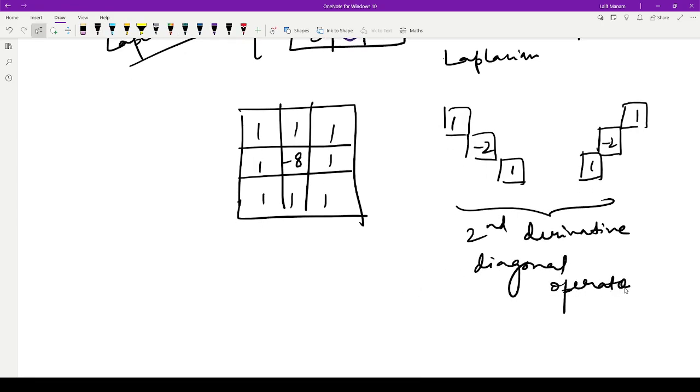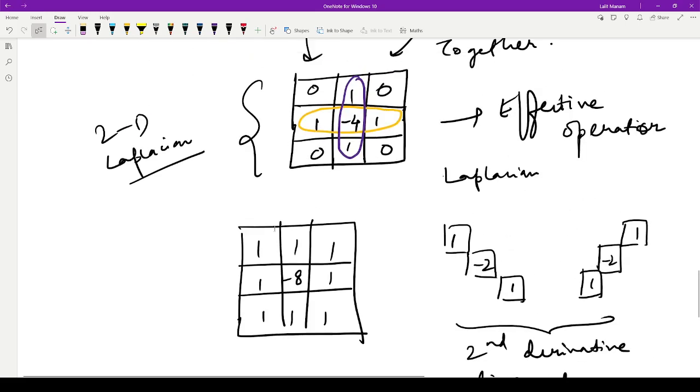Okay, so I guess the construction is very clear for how you can construct filters. It's not specific to derivative operators, but any other operators as such out there.